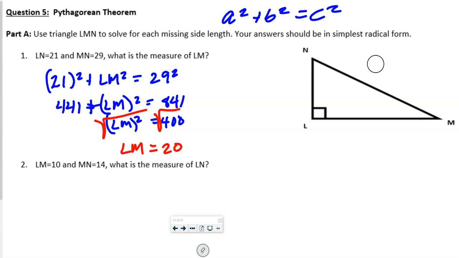So we're doing the same process for the next one. We're just going to go ahead and label it like we did the last one. LM, it says, is 10, and MN is 14. So really the same process we just did, right?